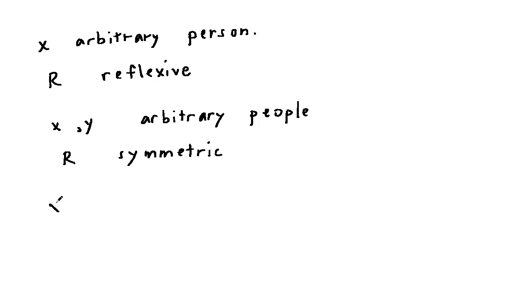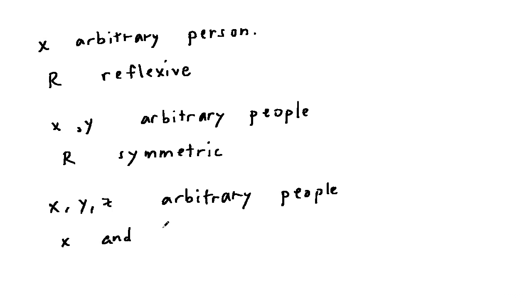Let X, Y, and Z be arbitrary people, and suppose X was born in the same month as Y was born in, and that Y was born in the same month as Z was born in.